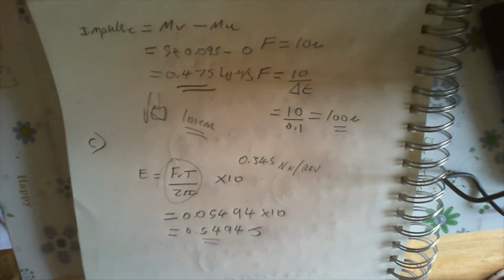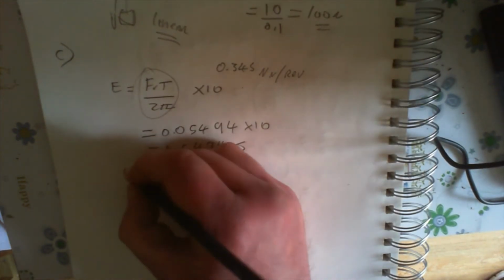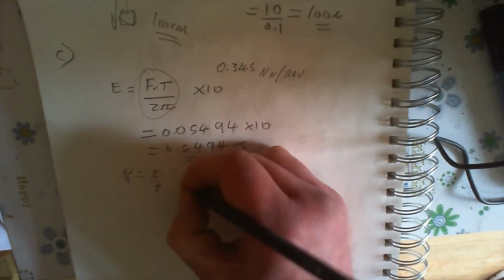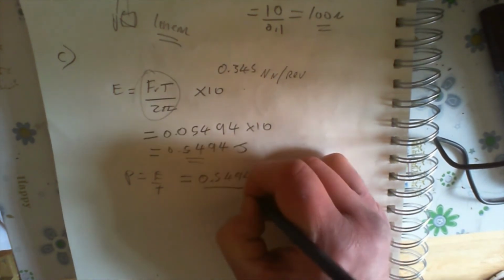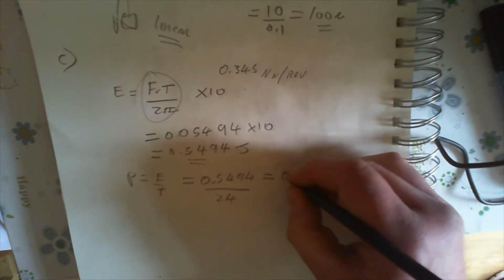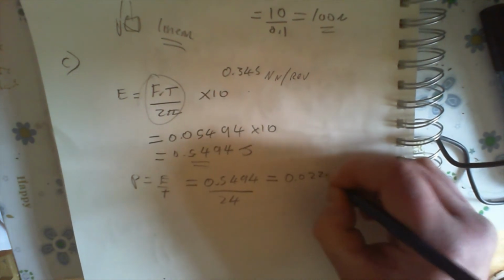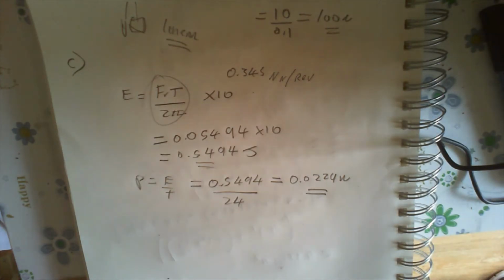And what is it saying, in 24 seconds? So the power equals energy over time, so that's 0.5494 divided by 24, which comes out at 0.0229 watts. Good stuff. I think that's right. Please get in touch with me if I've made any mistakes. Okay.